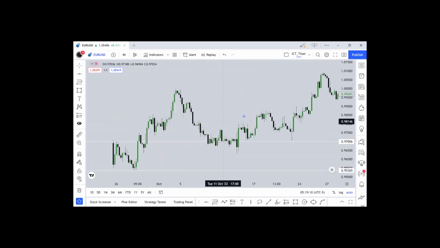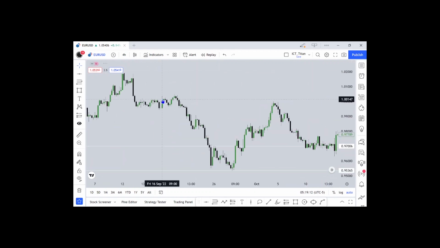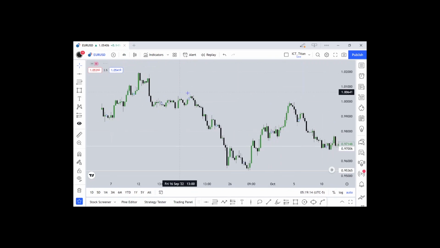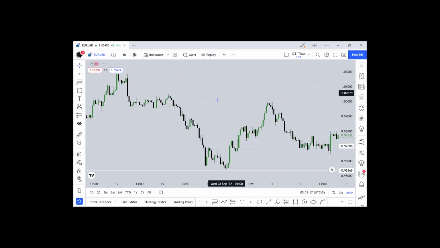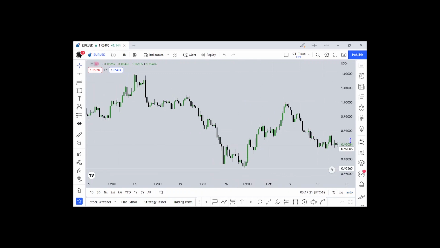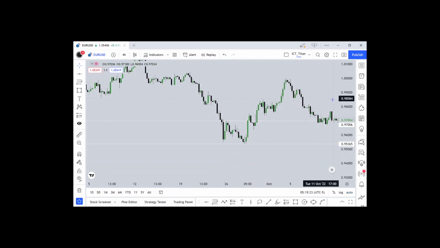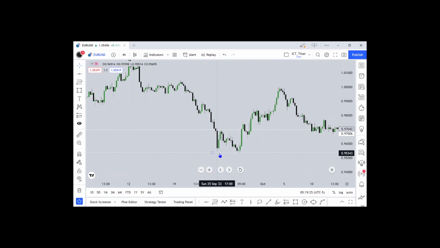We go back to the 4-hour chart, and what can you identify in this 4-hour chart? The 4-hour chart presents for us a breaker block. It's my hope that you know what a breaker block is. Here is the breaker block.